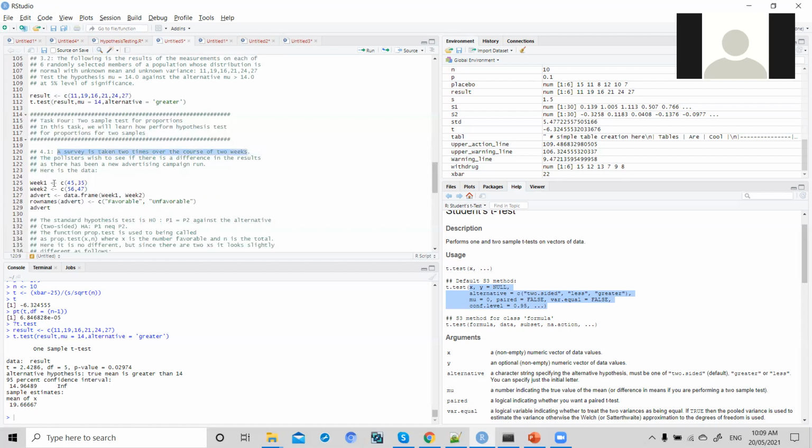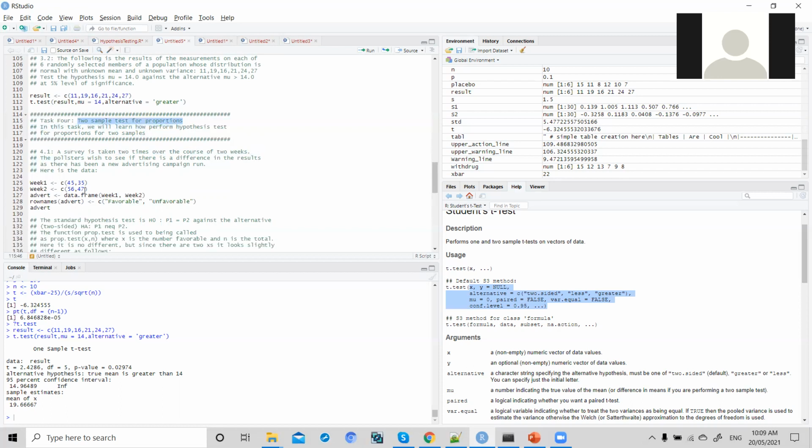In week one, 2 times it was taken, one test 45, another test 35. In week two, again two samples were taken. This is an example of a two sample test.